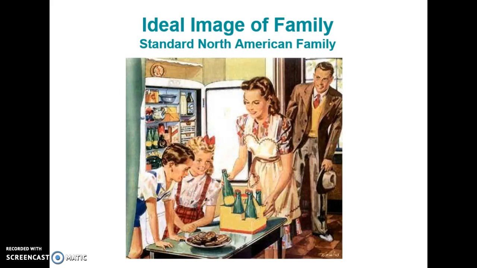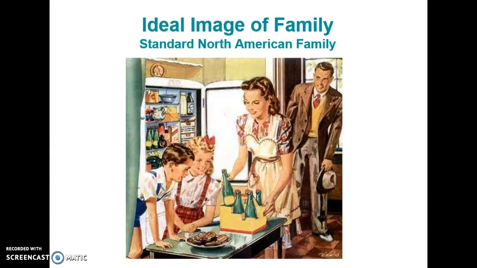When we think about families in ideal terms, we still look at families in terms of what we've called in this course the standard North American family, sort of this 1950s suburban image of a dad who comes home holding his hat from work, to a sparkling clean house, and a wife who's wearing a heart-shaped apron, and 2 kids who are eating homemade cookies and drinking some sort of soda with a lot of food in the fridge.